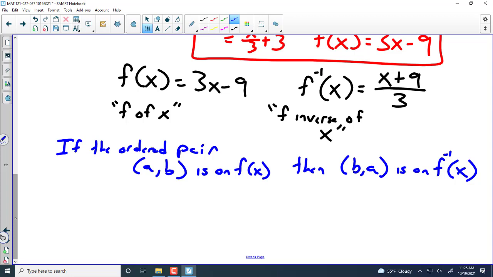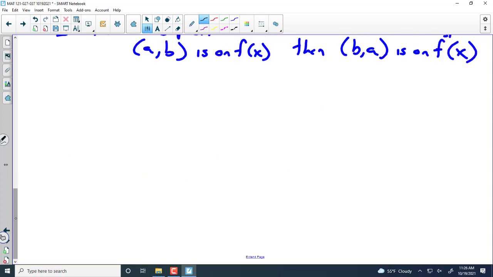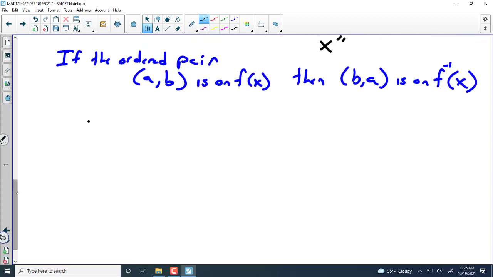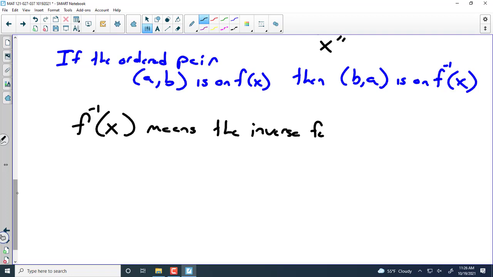And so we write this, f inverse of x. F inverse of x means the inverse function of f of x.